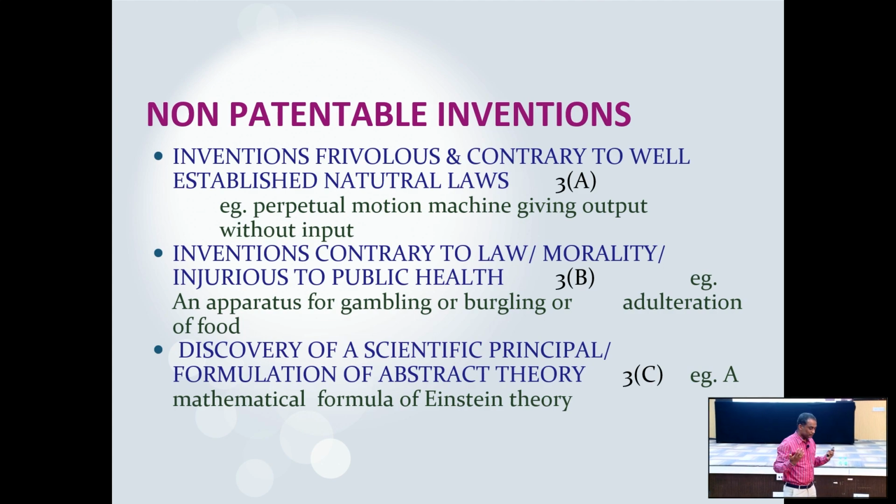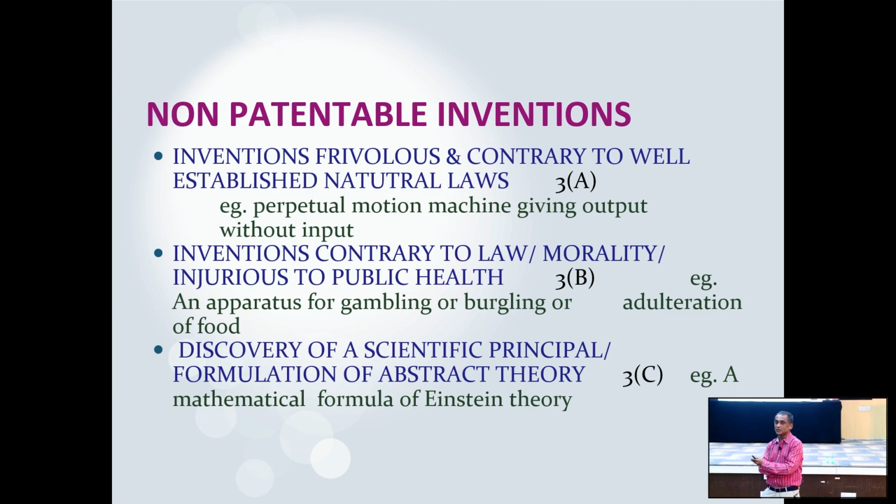Before filing for a patent, some things are not patentable as per the Indian Patent Act. The first is Section 3(a) of the Indian Patent Act: anything which is frivolous or contrary to well-established natural laws is not patentable.